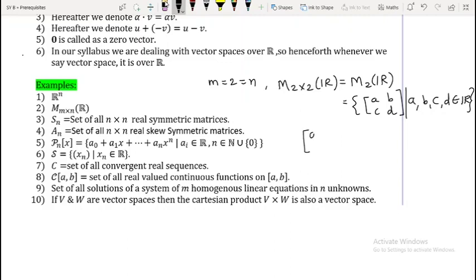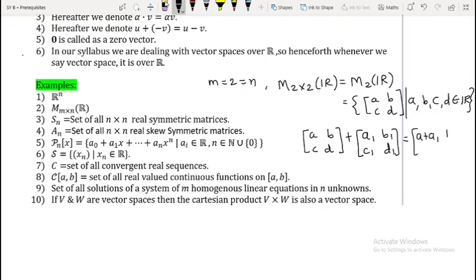So how is addition defined actually over here? That is simple. In order to define addition we need two elements of the vector space. So (A, B, C, D), and another I will take as (A1, B1, C1, D1). So how is the addition defined? Simply it is component wise.